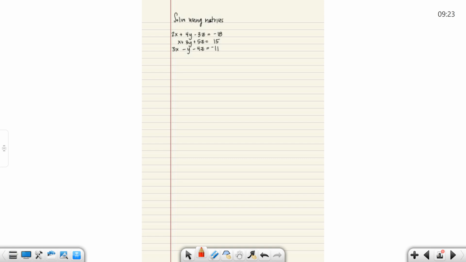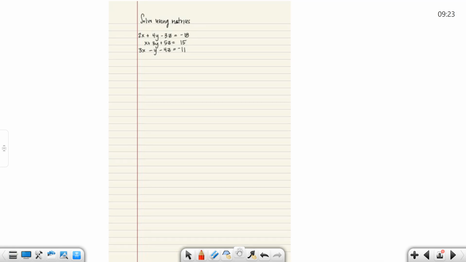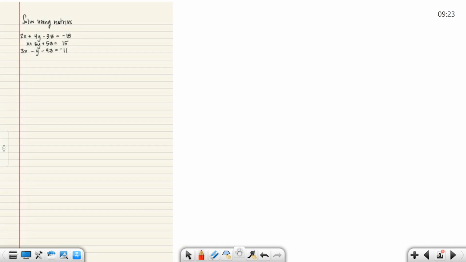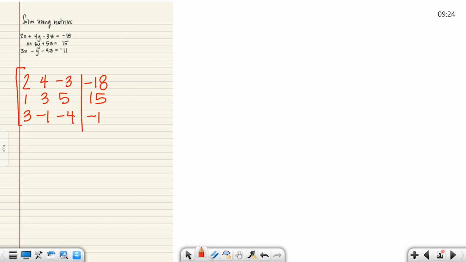The first thing we're going to do is first write it as an augmented matrix. So I'm going to have 2, 4, -3, and -18. And 1, 3, 5, 15, and 3, -1, -4, -11.